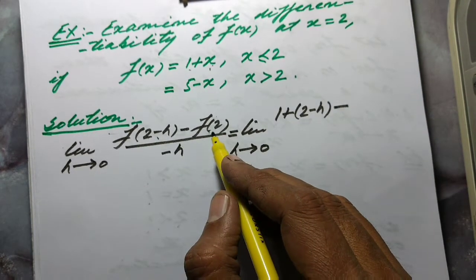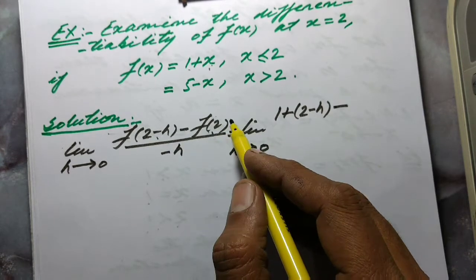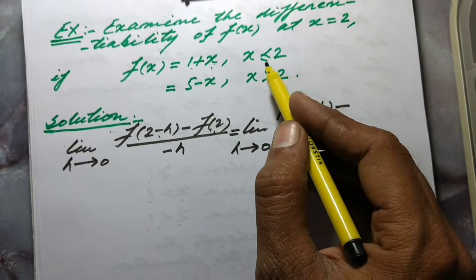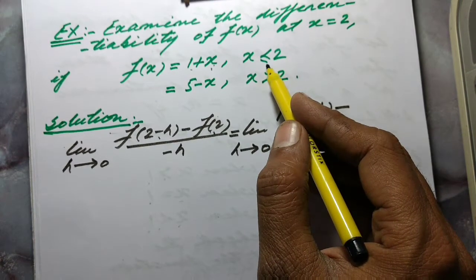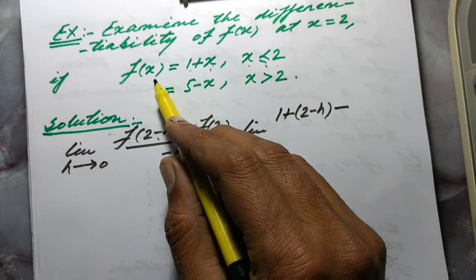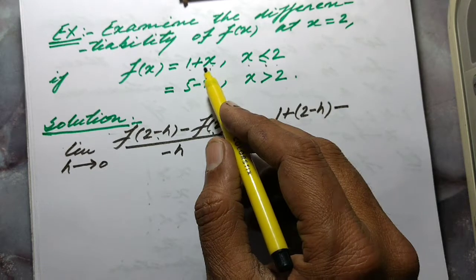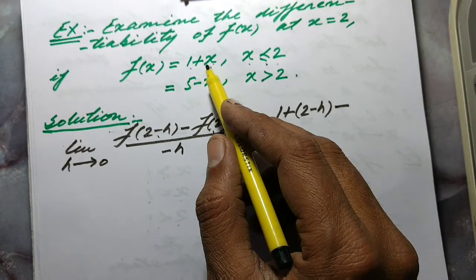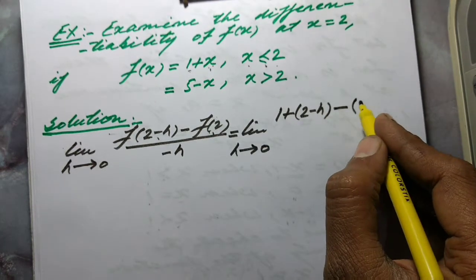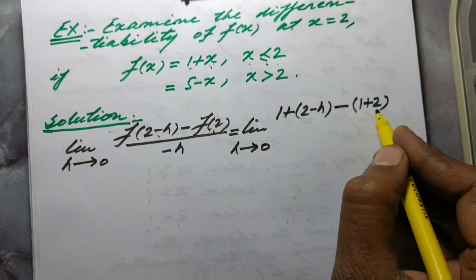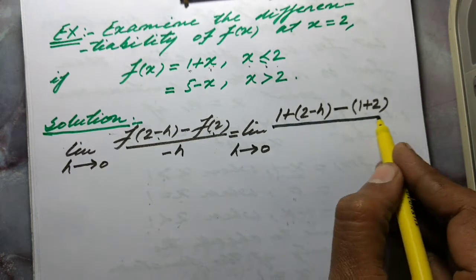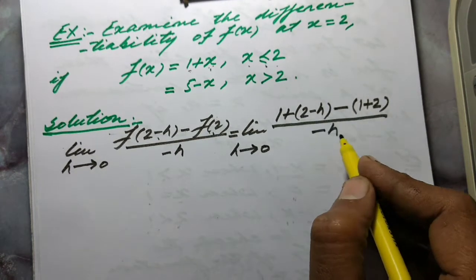Now f(2) is the functional value of the function, so we see what the value of the function is where x is exactly equal to 2. Among the two conditions, the sign of equality is with the less than sign. So when x = 2, the function's expression is still 1 plus x, and we substitute x = 2 directly. So we have 1 plus 2, that is the functional value at x = 2, divided by minus h.